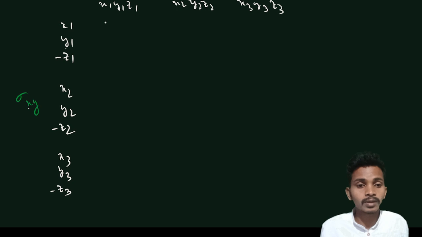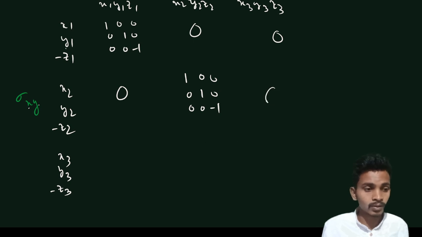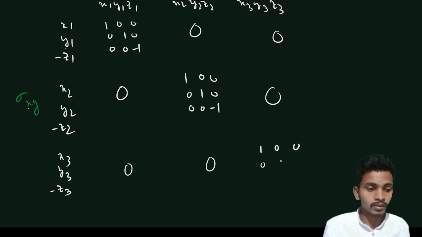Okay, so this becomes 1 0 0, 0 1 0, 0 0 minus 1. This all gets 0. Here again 1 0 0, 0 1 0, 0 0 minus 1.